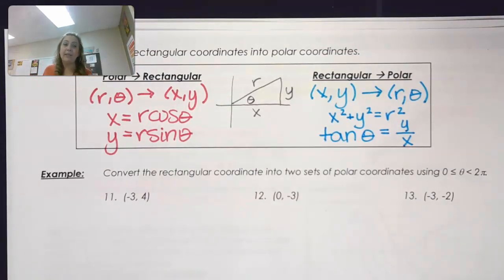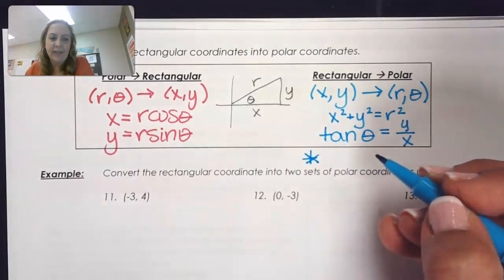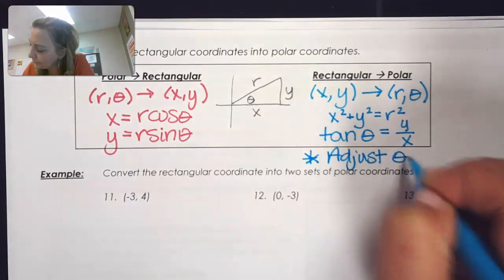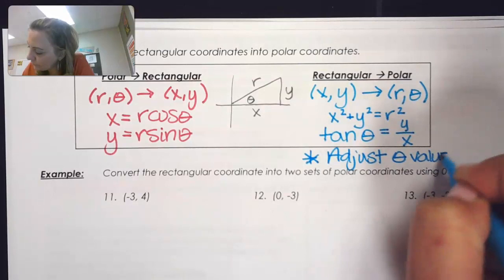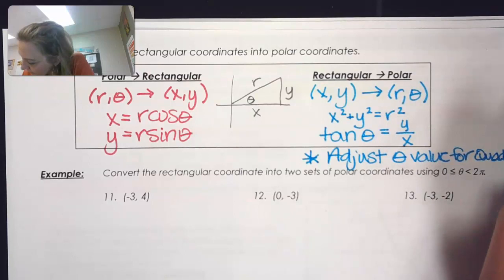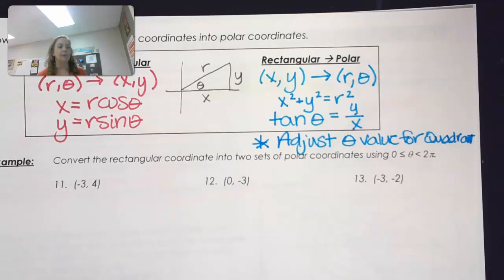Now, if we use inverse tangent, especially if it's not a nice value on the unit circle that we memorized and we have to use the calculator, our inverse tangent in the calculator is only going to give us specific values because of the limitations of that. So make sure that we adjust the theta value for whatever quadrant it's going to live in, and we'll practice that.